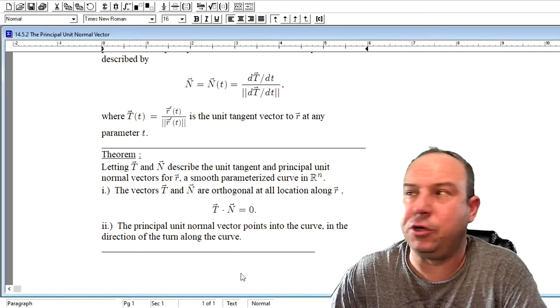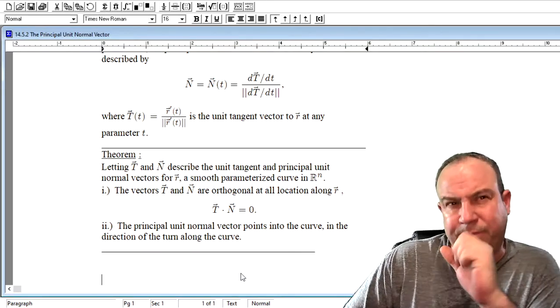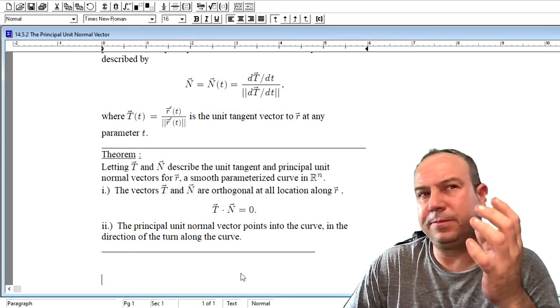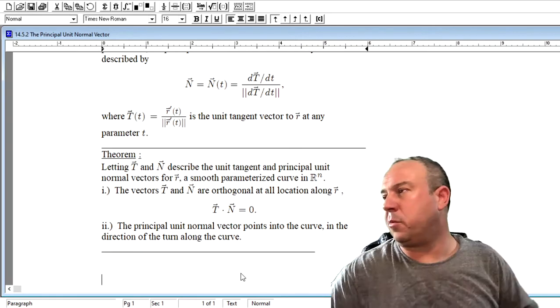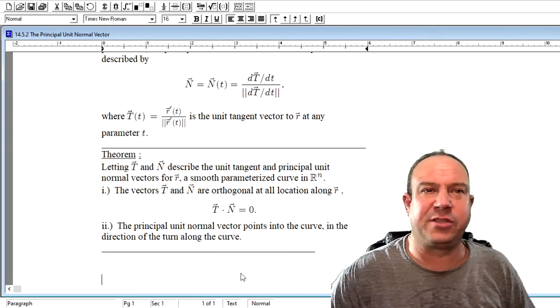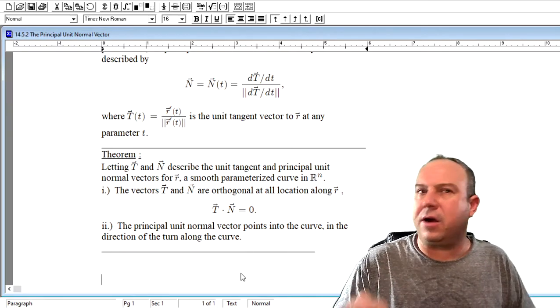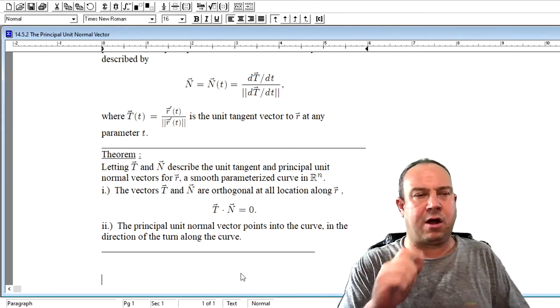Theorem related to interpretation. Letting t bar and n bar describe the unit tangent and the principal unit normal vectors for r bar, a smooth parameterized curve in n-dimensional space, the vectors t bar and n bar are orthogonal at all locations along r bar.